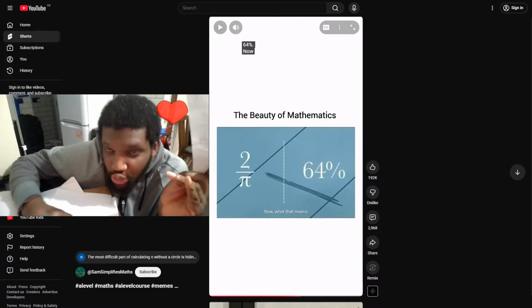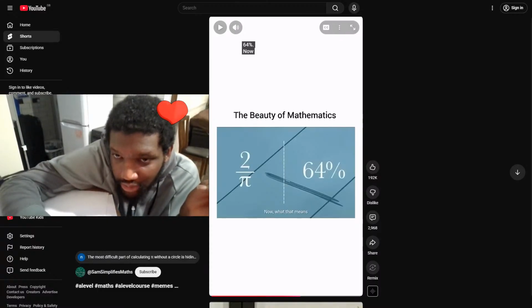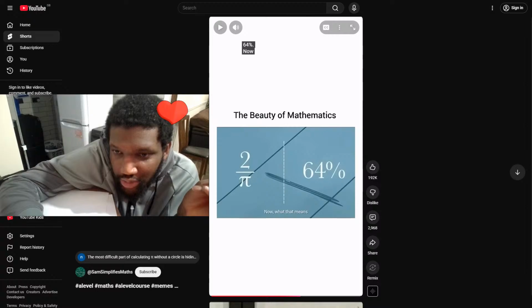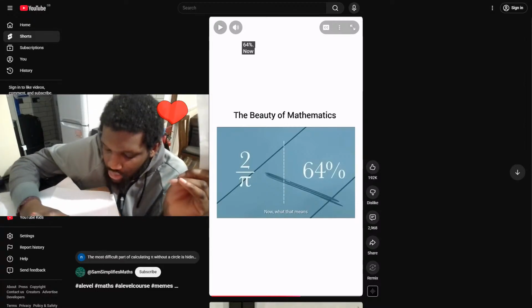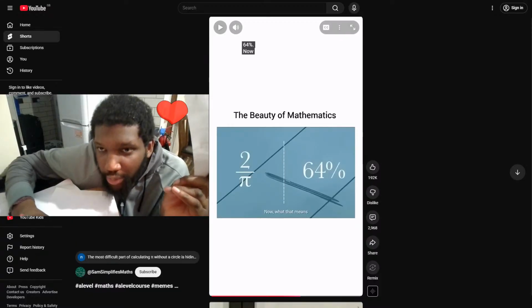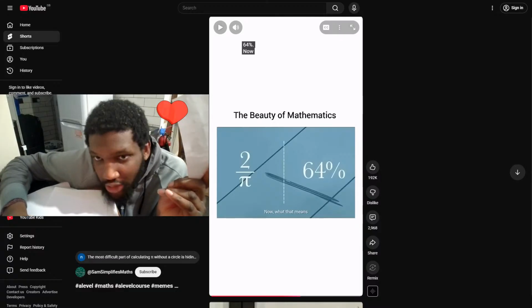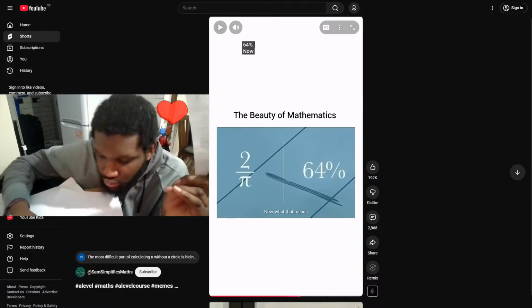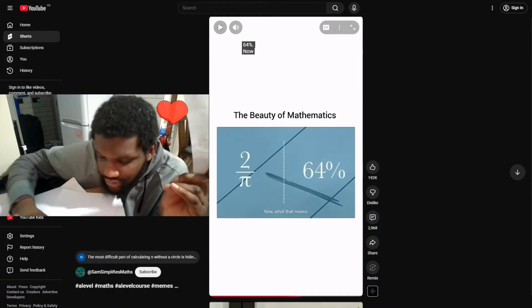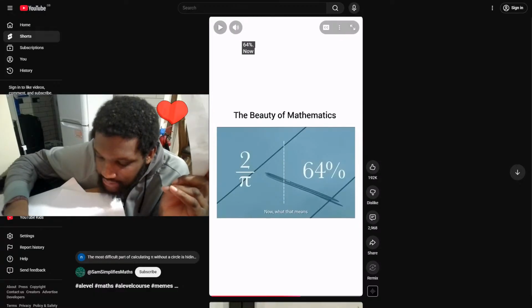So let me write it. You get pi over 2. Because I got a number I didn't like, pi divided by 2, that would be pi over 2, equals 1.570796326794, to similar places.